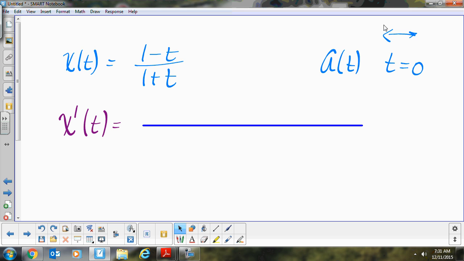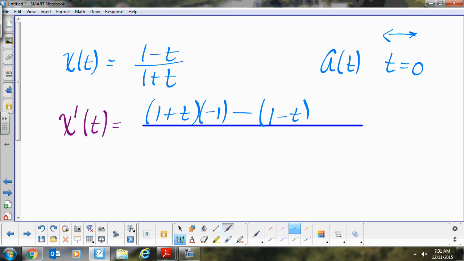So where do we begin the quotient rule? Who's first? We say denominator, which is 1 plus t. What's the derivative of the numerator? Okay, and then we're going to say minus the numerator. What's the derivative of the denominator? 1. All over the denominator squared.